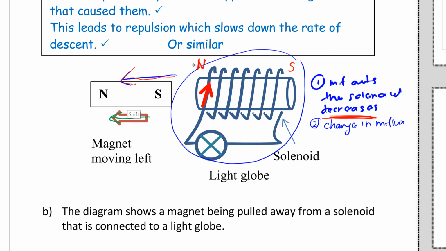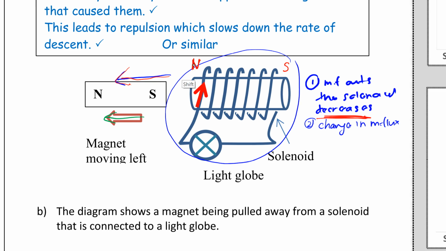Since the magnet is moving away, the solenoid will have a magnetic field as though opposing it, to attract back the magnet which is moving away. So the left hand side of the solenoid acts as a north. By using your right hand grip rule, with your thumb pointing towards the north side, you'll be able to find the direction of current from the rest of the fingers, which is going to direct upwards, as you can see here.